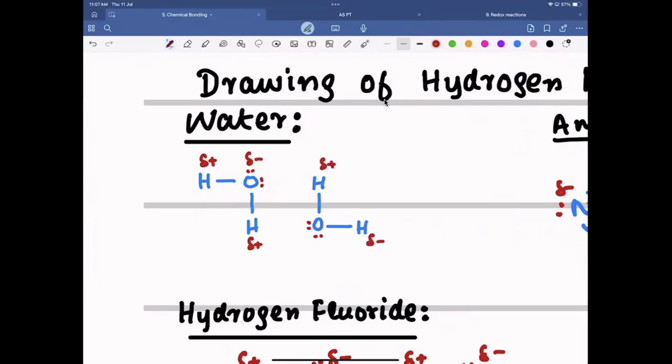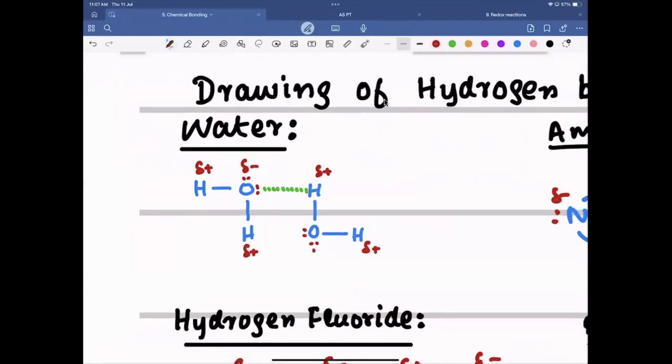You have to make the dipoles in the diagram as well. This diagram normally comes for 3 marks. Now see, this oxygen is attracting the hydrogen. Sir, won't that hydrogen be positive? The one on the lower right? Yeah, it's positive. Sorry, my bad. So hydrogens are going to be partial positive and oxygen is going to be partial negative.